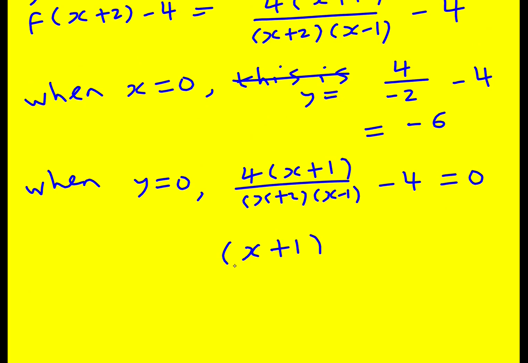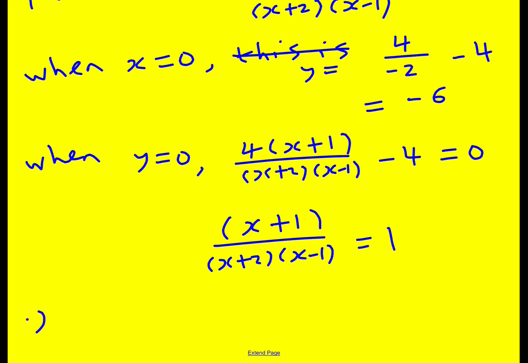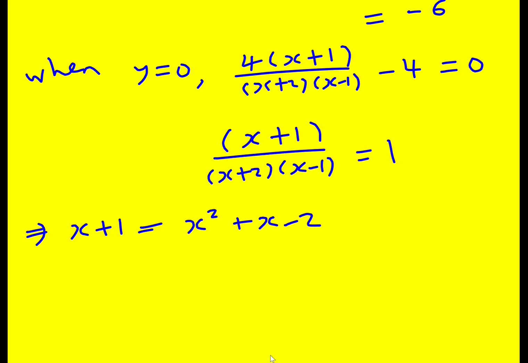It must be that x plus 1 over x plus 2, x minus 1 is equal to 1. So x plus 1 will equal this thing, which I can multiply out to give x squared plus x minus 2, which means x squared is going to equal 3, and x is going to be plus or minus root 3.